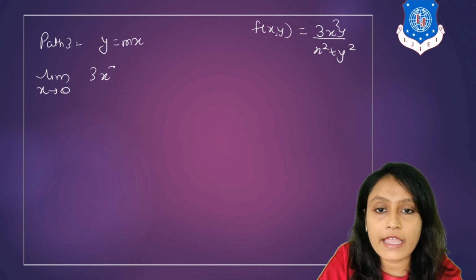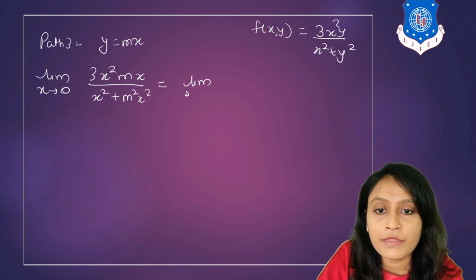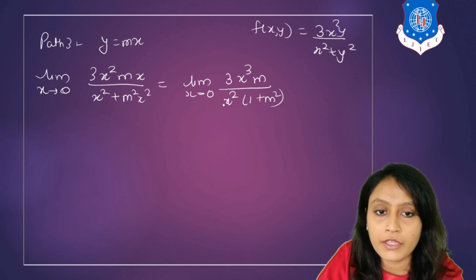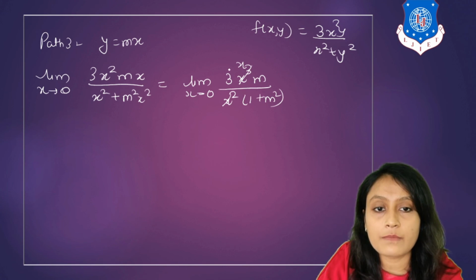So in place of y just write mx, upon x square plus, in place of y mx, so we will get m square x square. Simplify this, so you will get limit x tends to 0 of 3x cube m upon, take x square common from the denominator, so you will get 1 plus m square. Okay, this x square will get cancelled, one x will remain over here, right? Now in place of x substitute 0, so this answer will go to 0.